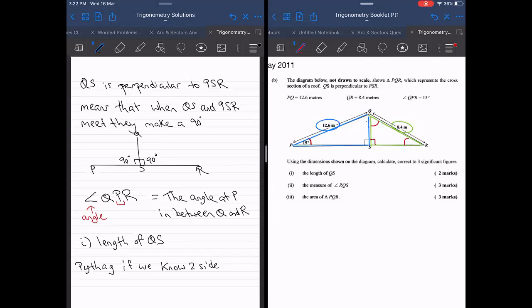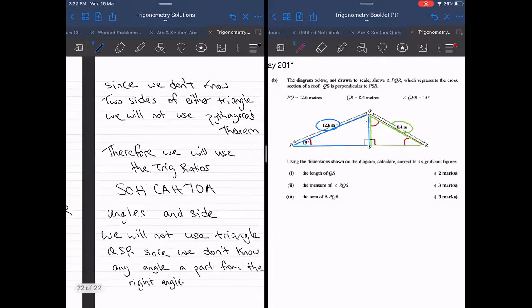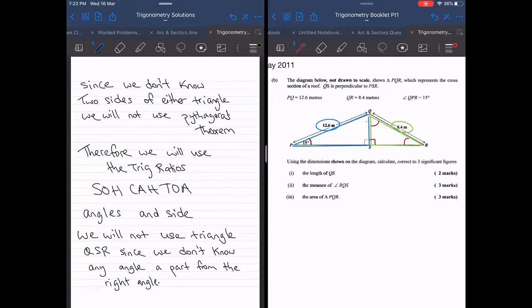As I said, we're thinking, okay, we have right angle triangles. I'm either using Pythagoras' theorem or the ratios. I can only use Pythagoras' theorem if I know two sides. For both of them, we only know one side. So we rule out Pythagoras' theorem. That therefore only leaves our trig ratios.